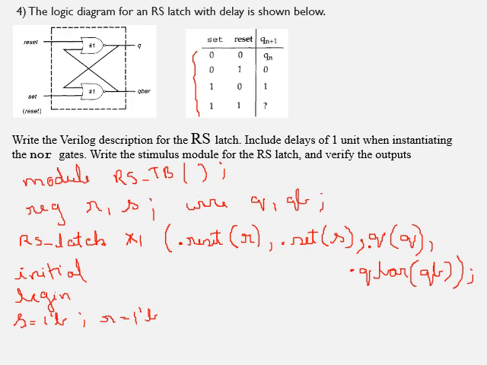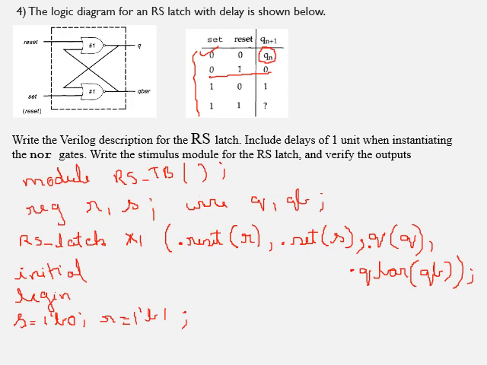So I will give S as 0 and R as 1. This will get the latch to a predefined state. S0 and R1 means latch output will be 0. What happens if you give 0 0 first is, it is same as the previous state. So initially when the program is running, the previous state is undefined. So that's why we have to get the latch to a predefined state.